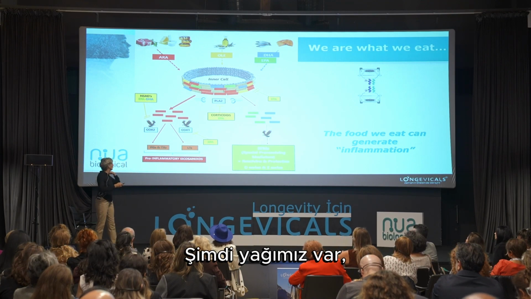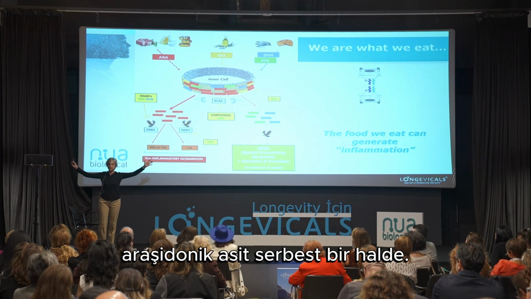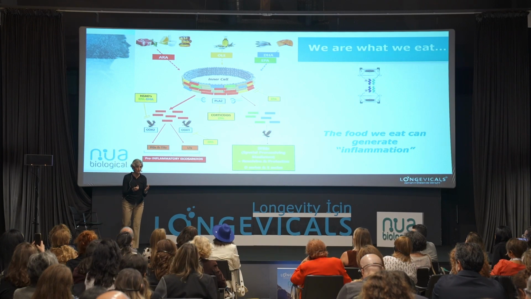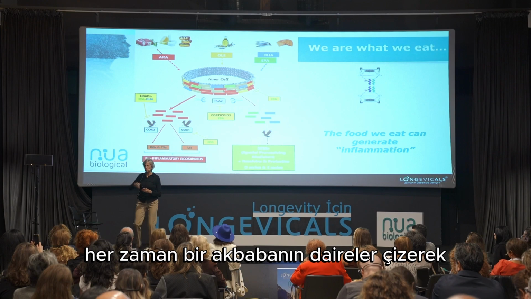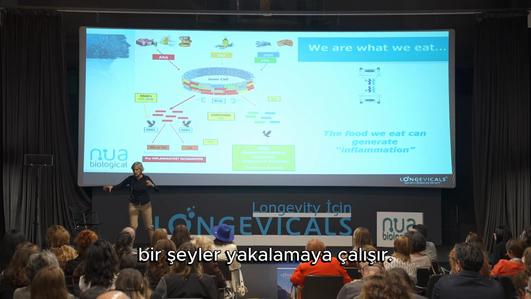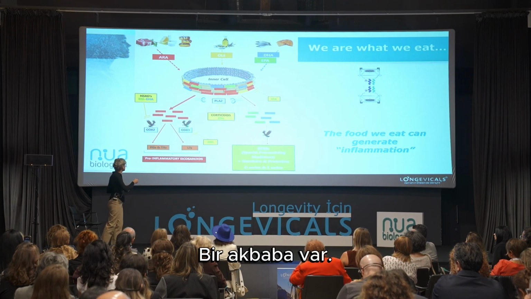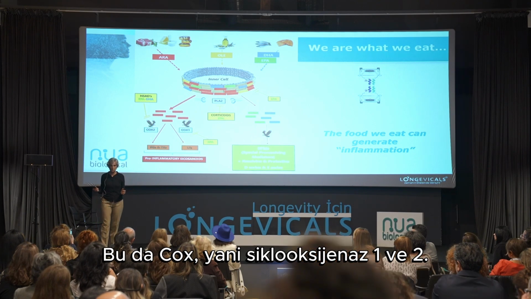So now we've got our fat, our arachidonic acid, in a free state. And if you ever watch any medieval film with castles and so on, there's always a vulture going round in circles like a bird, trying to see if they can catch anything, okay? So there's a vulture there, which is COX, cyclooxygenase 1 and 2.